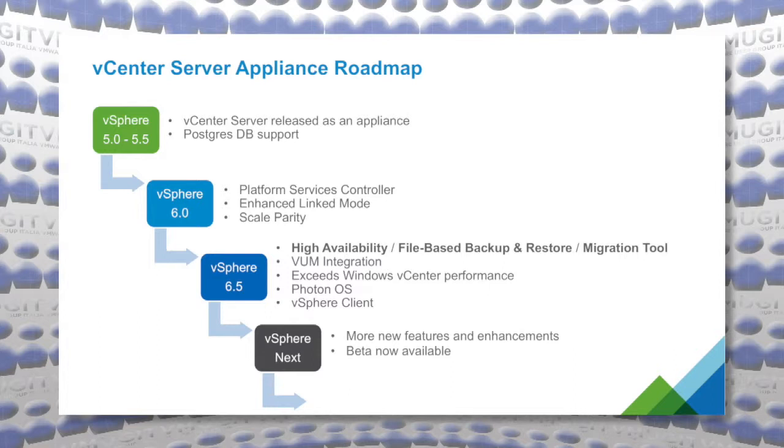So let's take a look at how the appliance came to life. First, vSphere 5.0 is the first time we saw the vCenter Server Appliance, and it was this thing that you can use in your labs. It really didn't have a lot of functionality, but it was easy to deploy and get vCenter up and running.